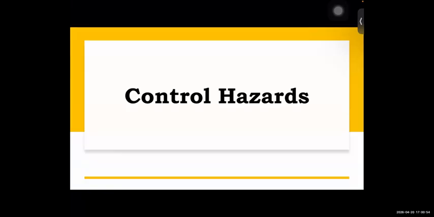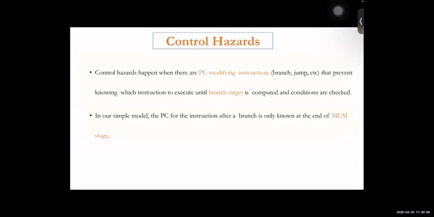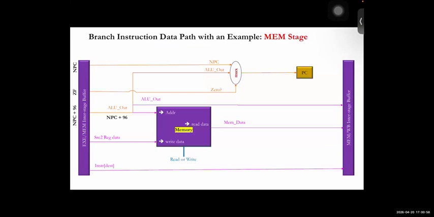So it means that for any instruction that is following in the pipeline, the program counter updates the address of the next instruction at the end of the execution stage and during the memory access stage.